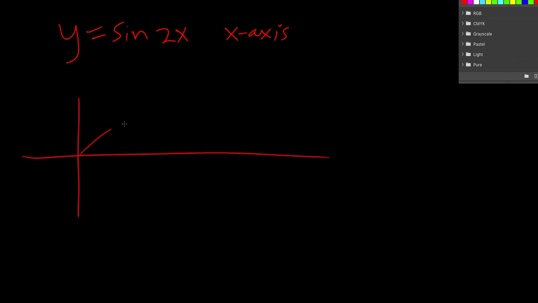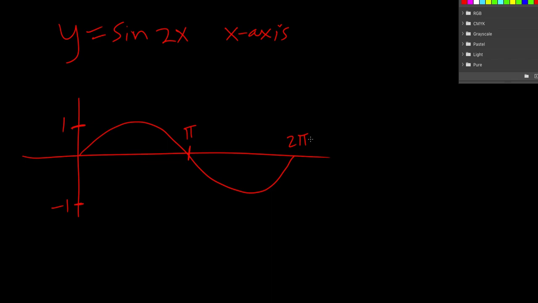Okay, find the area enclosed by one arc of y equals sine of 2x and the x-axis. Okay, so if we graph this, if it's just sine, so this is not sine of 2x, but if it's just sine, we get something that looks like this.